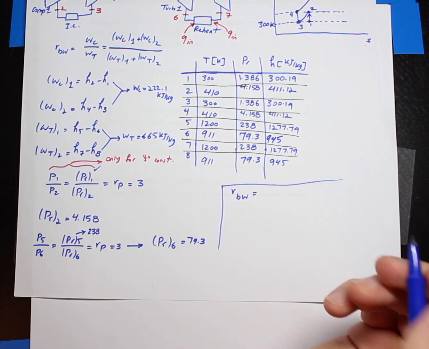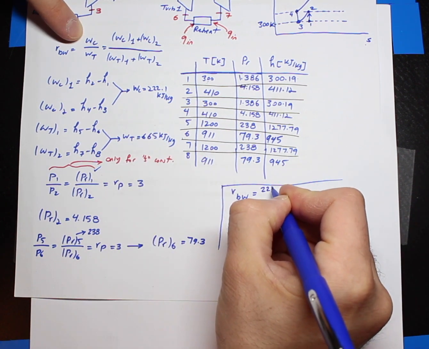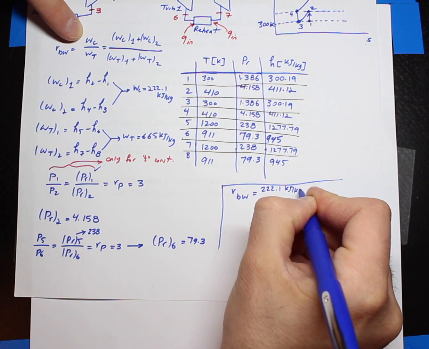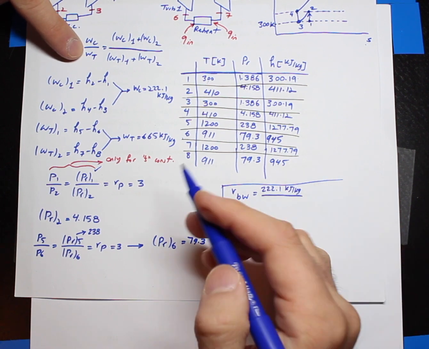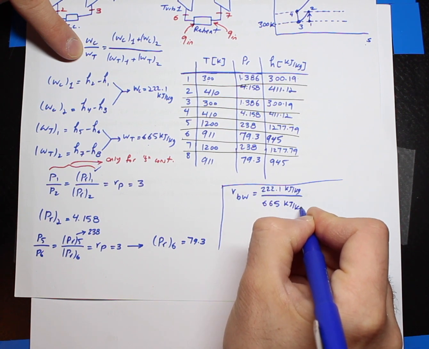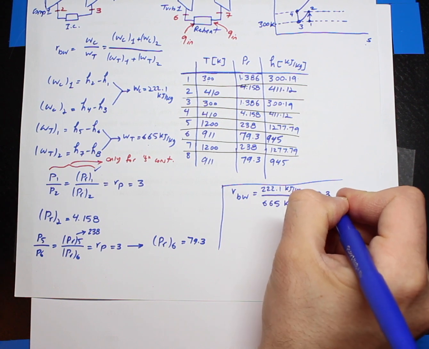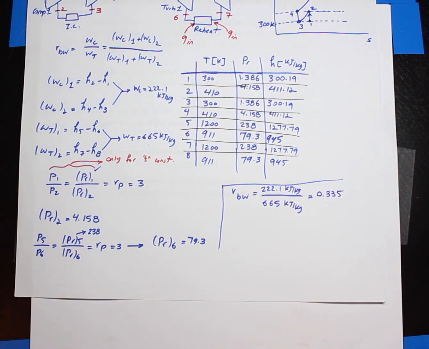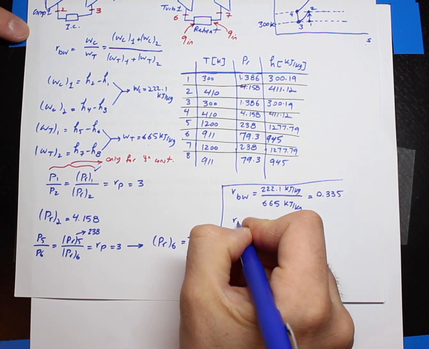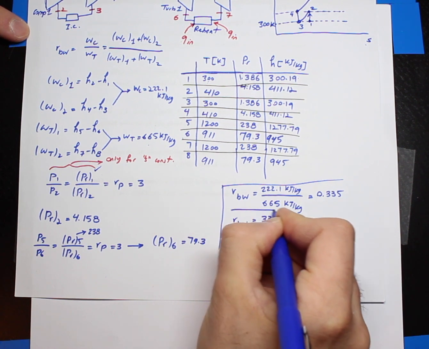So the back work ratio RBW is going to be the compressor work, which is 222.1 kilojoule per kilogram, over the turbine work, which is 665 kilojoule per kilogram. And that is equal to 0.335. In case you want to report the back work ratio in percentage, it's going to be 33.5%.